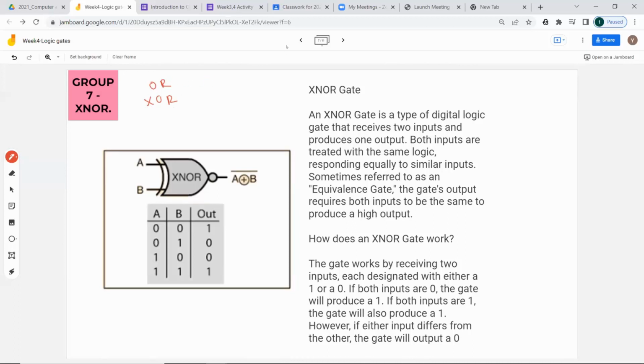What we did for O, we just used something like this: 0, 0, 0, 0, 1, 1, 1, 1. Something like that was the output for O. This was for O, and for XO, what we had 0, 1, 1, 0, right?